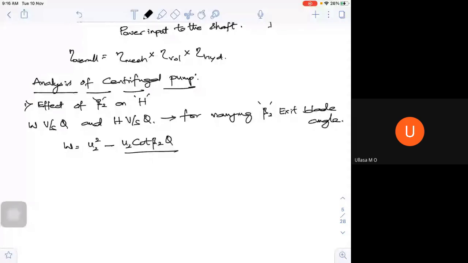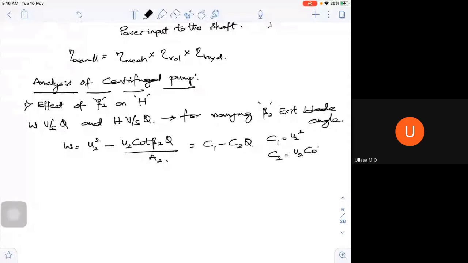This we have derived. And what we wrote as a straight line, where C was taken as U2 cot beta 2 divided by A2. This is what we took in our centrifugal compressor. Now, even the pump is very similar to a centrifugal compressor. The difference is that I will try to express it in terms of head.